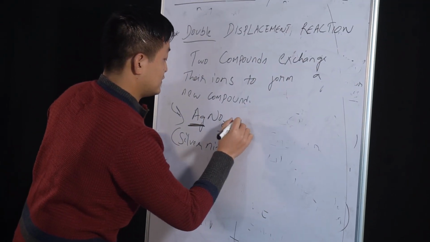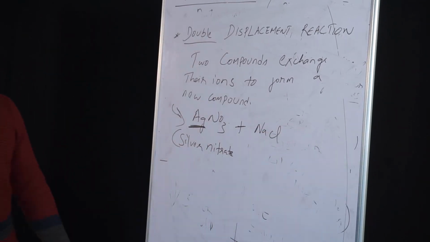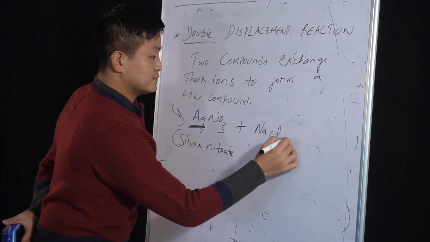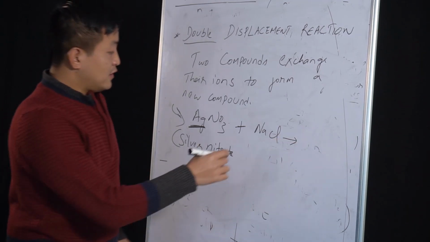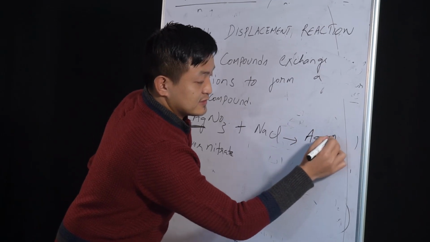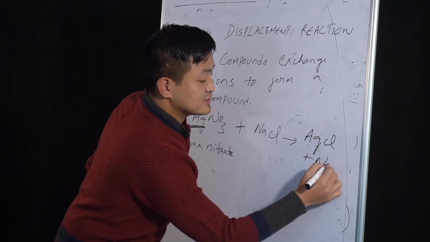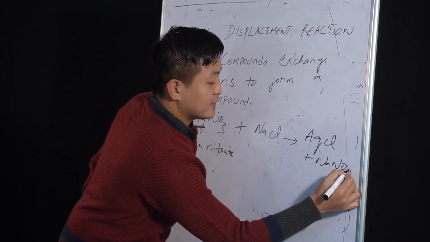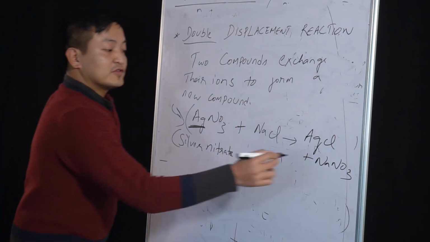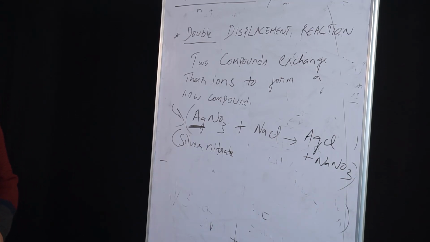And then NaCl is sodium chloride. So the result we'll get is silver chloride and sodium nitrate. So students, you can write this chemical reaction, but I will explain.